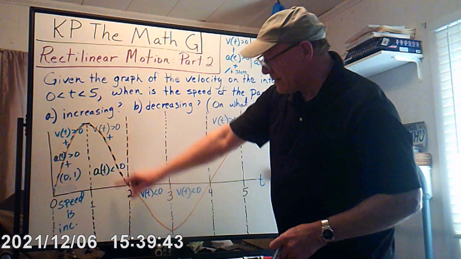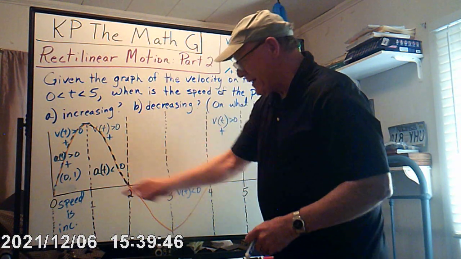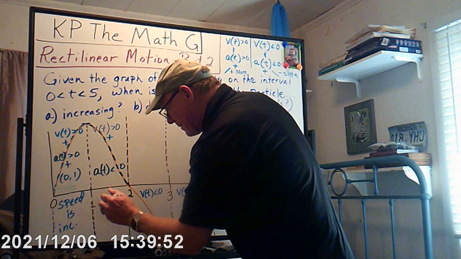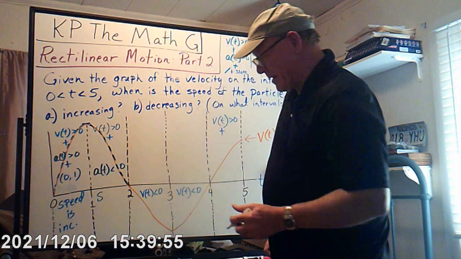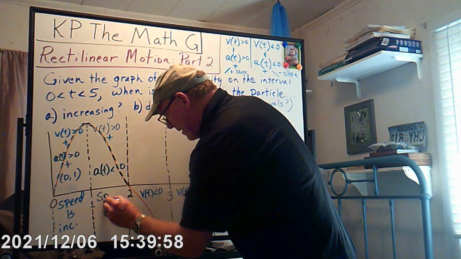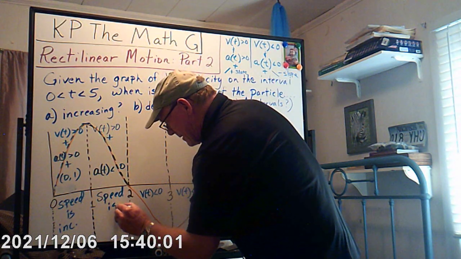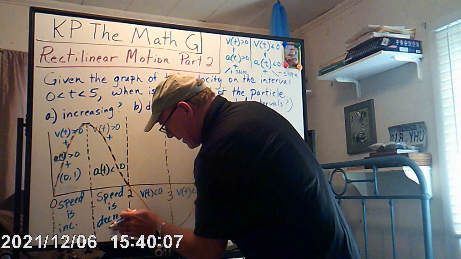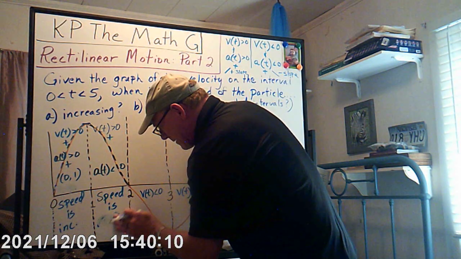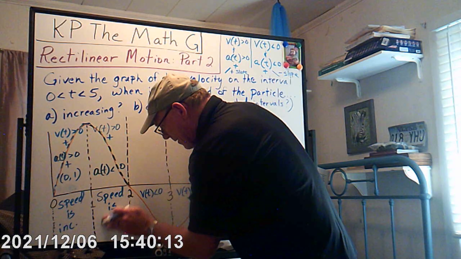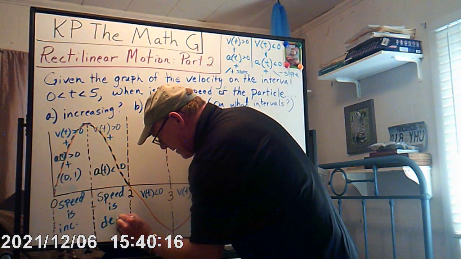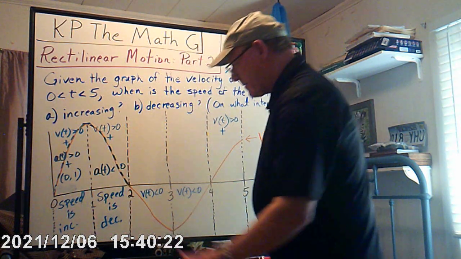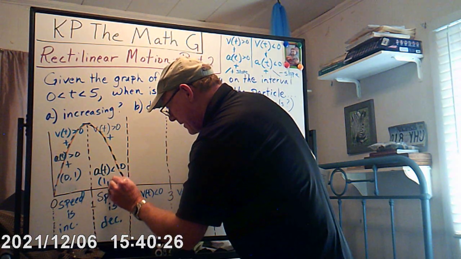So here we have v at t greater than 0 and A at t less than 0, which means between t equals 1 and t equals 2, the speed of the particle is decreasing. I'll just say DEC.